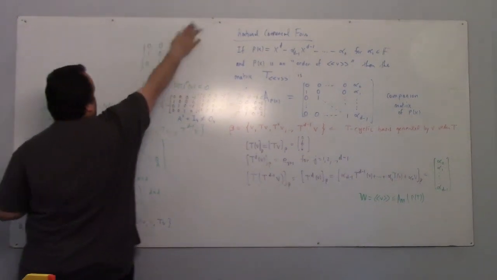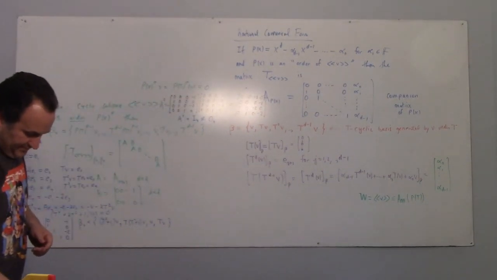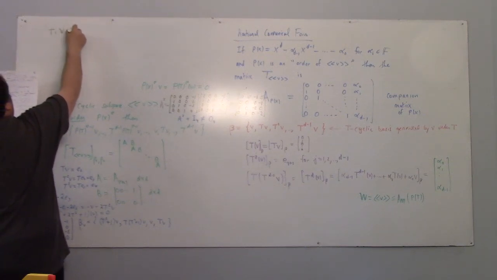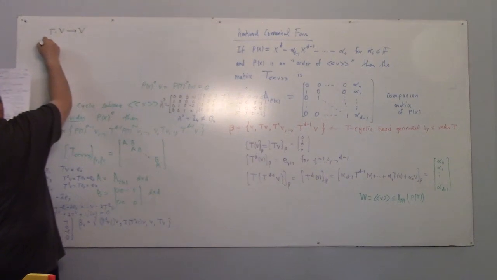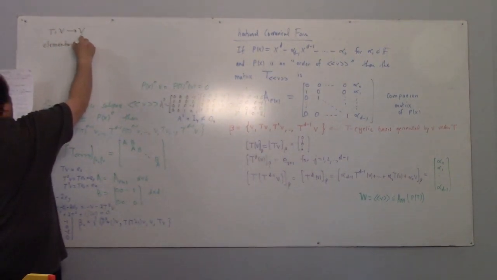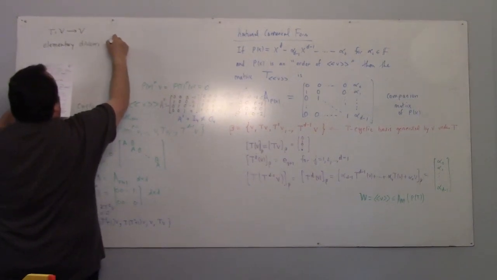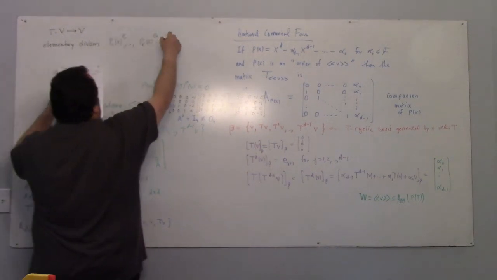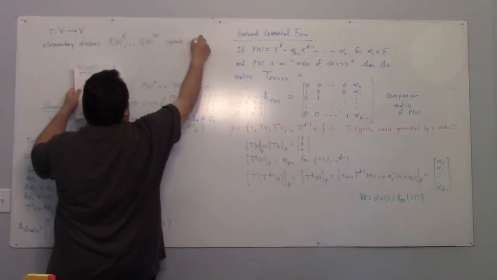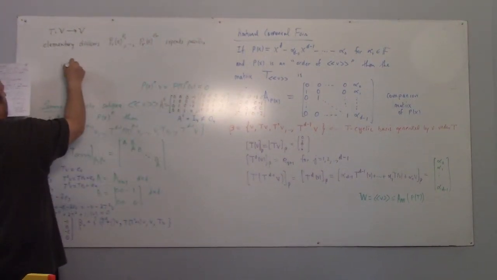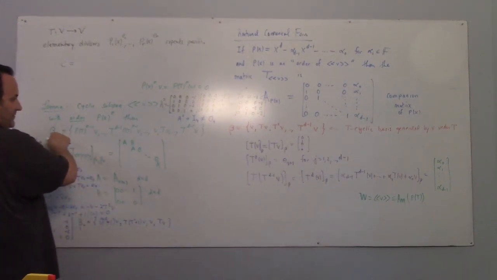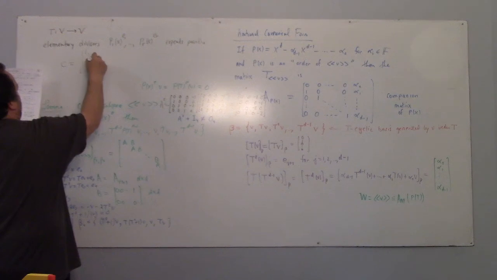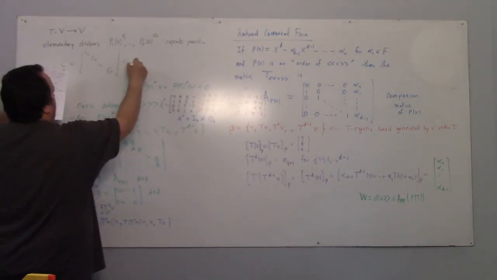So what's the rational canonical form? If you have T from B to B, and you have elementary divisors p1(x)^e1 through pr(x)^er, and repeats are possible, then your matrix using the basis like we had here will be of the form C1, C2, through Cr, the direct sum of these matrices.